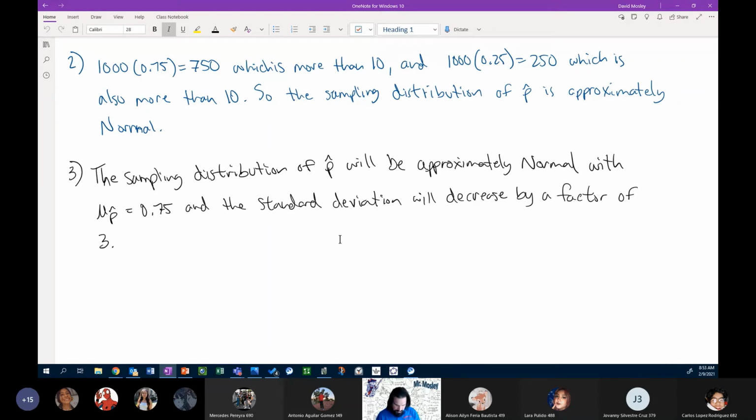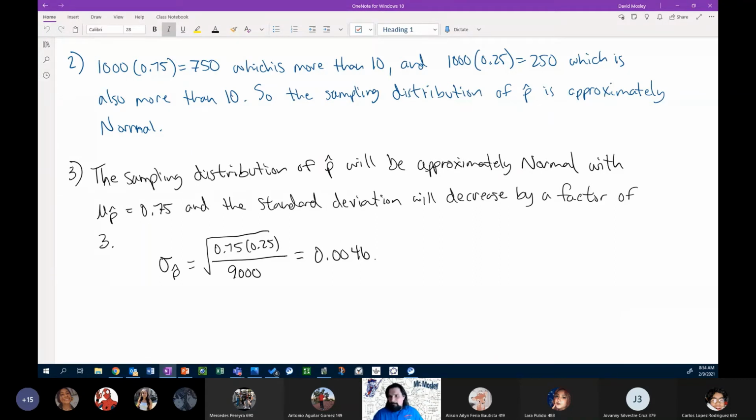So we get the standard deviation: the square root of 0.75 times 0.25 over 9,000, and we get 0.0046 as our new standard deviation. This is how we get to use those 2 new formulas and our new knowledge and understanding.